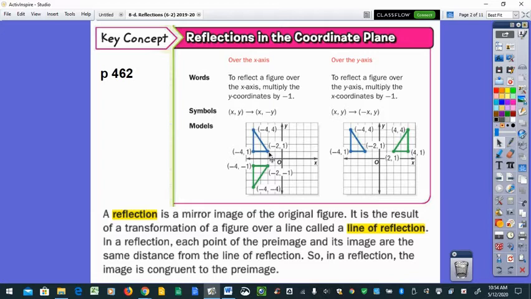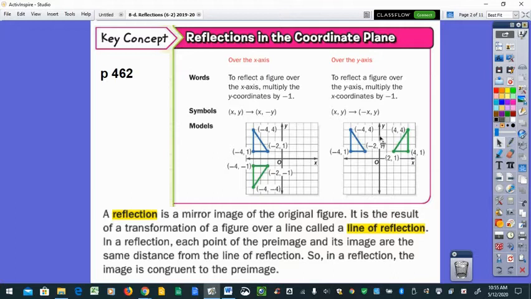And this point, (-2, 1), is 1 above the line of reflection, so it's going to go 1 below. And this point up here, the uppermost vertex, was 4 above, so now it will be 4 below. So that's how you can tell on the graph paper, the reflection, the points move in the opposite direction over the line of reflection the same amount.